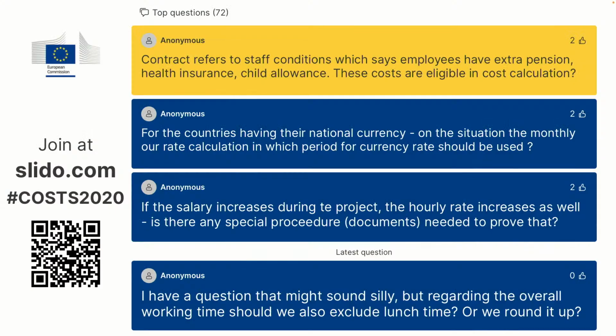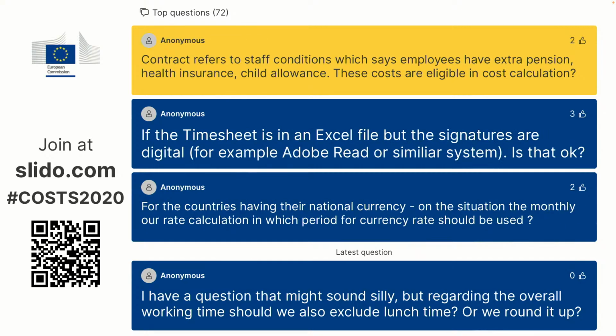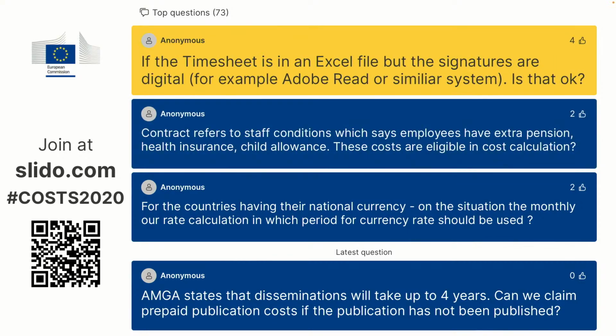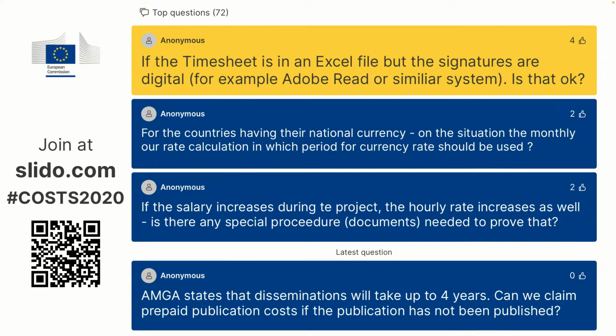So for countries having their national currency, for the monthly or hourly rate calculation, in which period should the currency rate be used? The conversion rate is at the end of the reporting period, so it's the same as for the annual hourly rates. You may have more than one annual hourly rate, but you just convert into euros the total cost at the end of the reporting period.